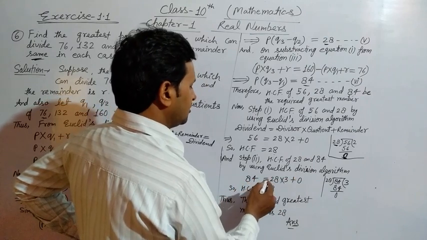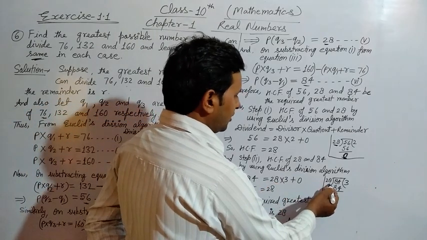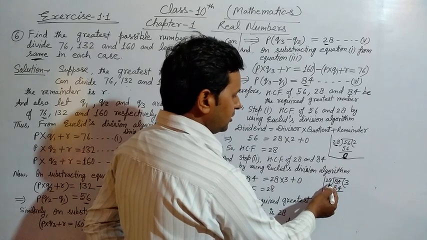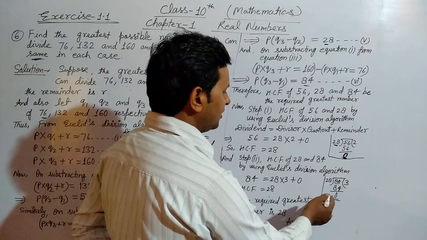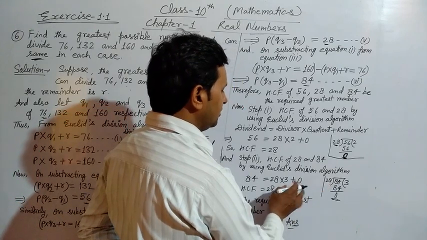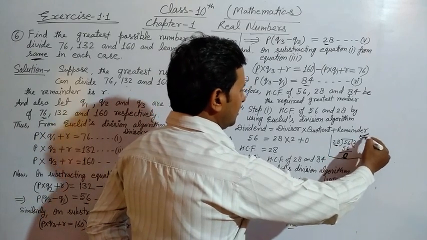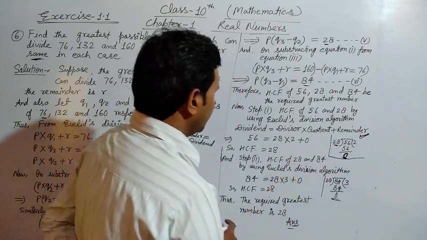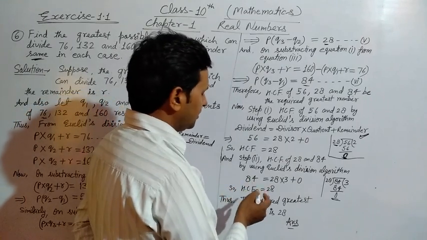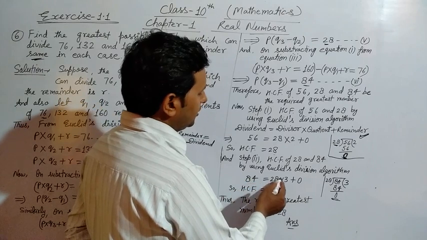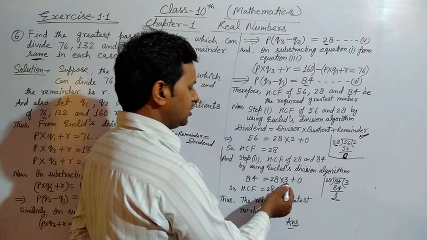Means 84 is equal to 28 into something. The smaller number is the divisor, the greater number is the dividend. 28 times 3 is 84, and we get 0 as the remainder. This remainder should be put in the equation. So we can write 84 is equal to 28 into 3 plus 0, because the quotient is 3.